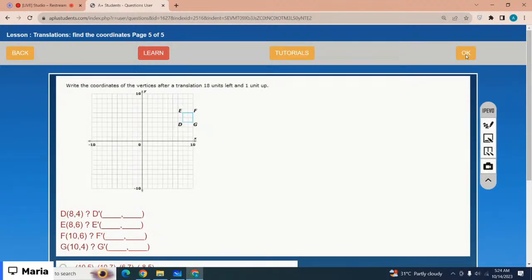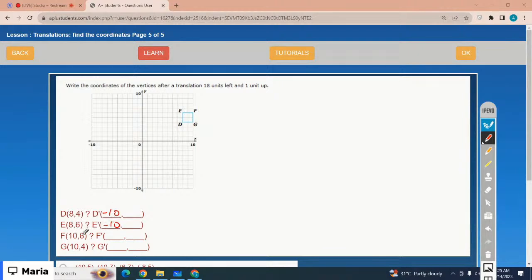Okay, write the coordinates after a translation 18 units left and 1 unit up. So 18 units left: subtract 18 from the x coordinate. 8 minus 18, negative 10.